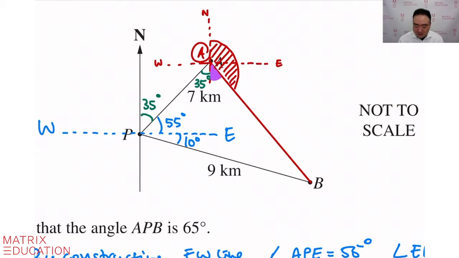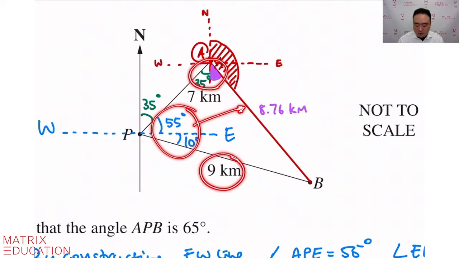We have this distance AB. Just now we found that this distance AB was 8.76 kilometers. So what rule are we going to use to find that missing angle in purple? You have this angle and you have the side opposite this angle, so we can use the sine rule here.